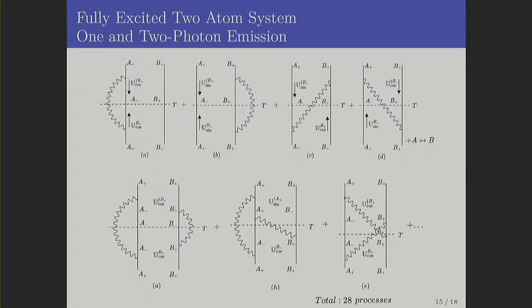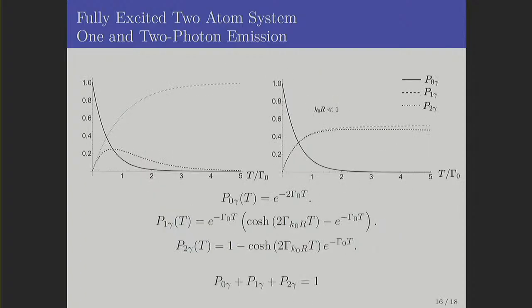And here we find two kinds of emission processes. Processes where just one photon is emitted, and processes where two photons at a time are emitted. Okay, and we find the processes where we have emission in free space and the emission by interference.